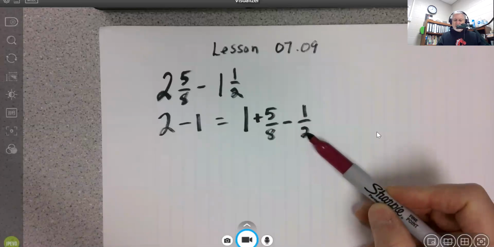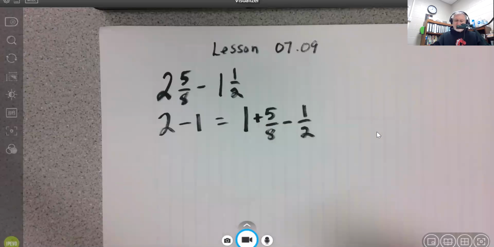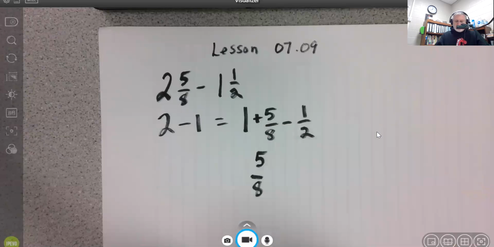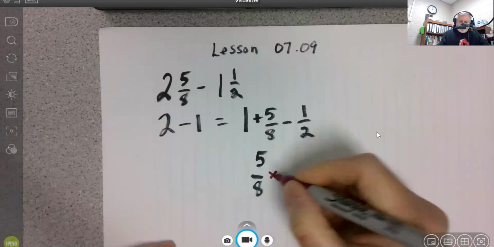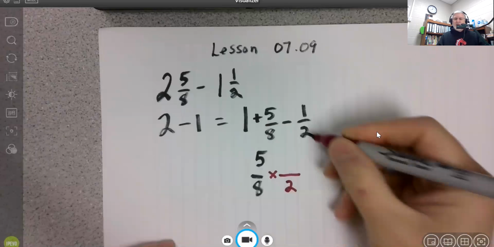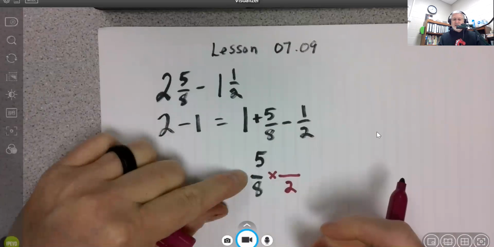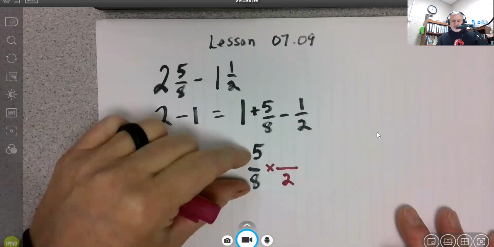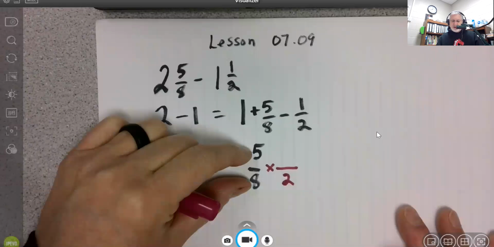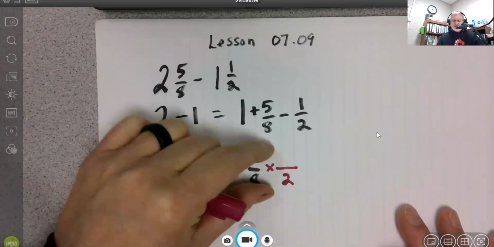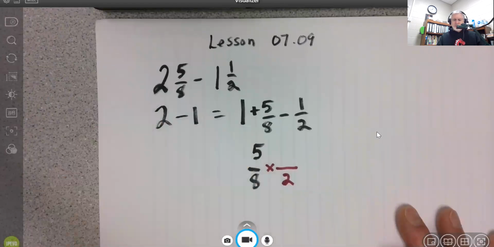If I look at my other denominator, which is a 2, and look at 5/8, I can multiply 5/8 by my other denominator. Now I want to make sure my 5/8 still equals 5/8.